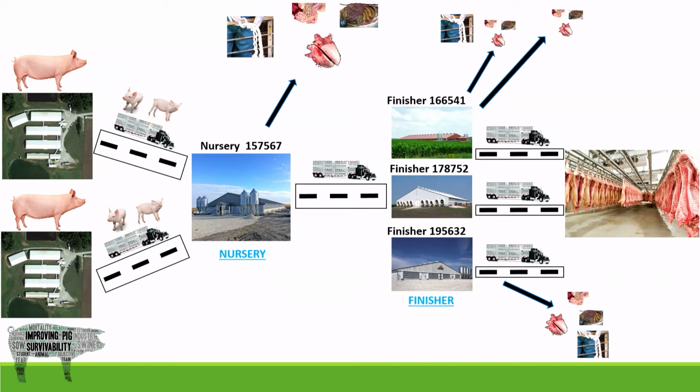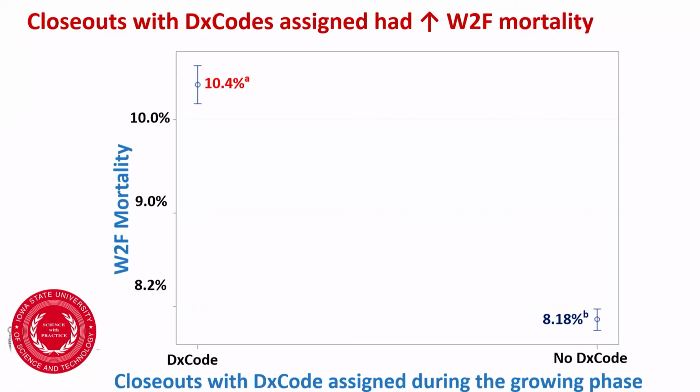Across all the phases, from weaning to finish, we collect all the data for each group. One simple analysis that we did was comparing the groups that had any tissue submitted to the VDL at any point in time, which is the DxCode positive, and no DxCode, groups that never had any tissue submitted to the VDL. And just by submitting, we can see this trend of increased wean-to-finish mortality.